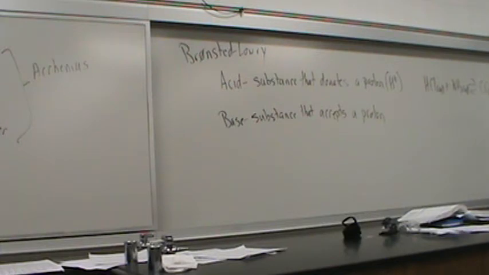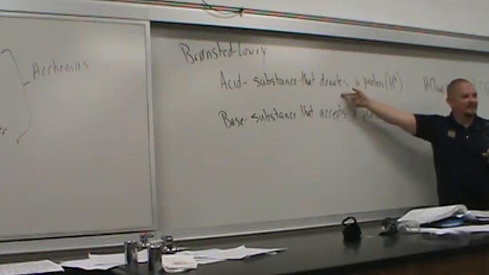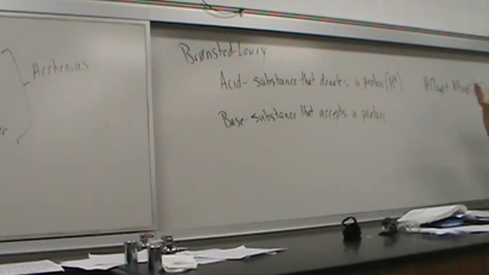If we look at hydrochloric acid, we have HCl goes to just a chloride ion. So what has happened to HCl? Has it donated or accepted a proton? It has donated, because it goes from HCl to just a chloride ion.